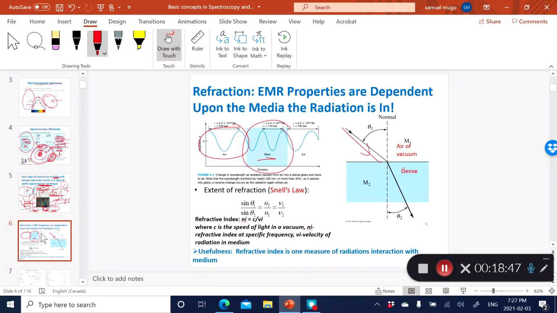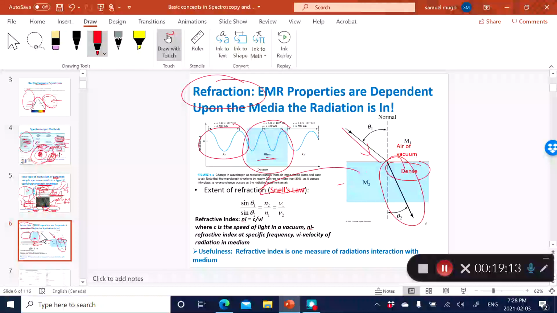And so light actually bends when it penetrates a dense material. And the angle at which it bends is dependent on what you refer to as the refractive index of a material. And as such, you can use this technique to determine the refractive index.